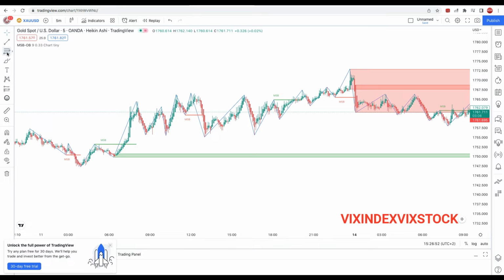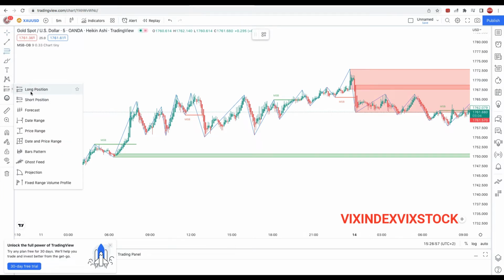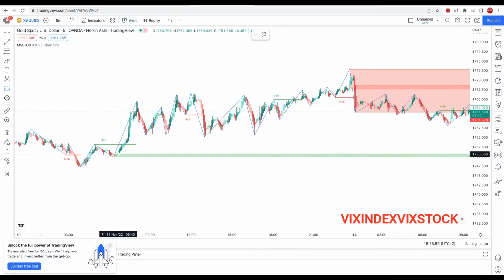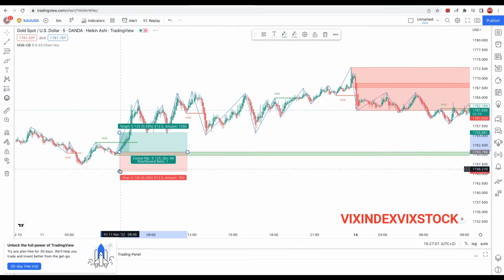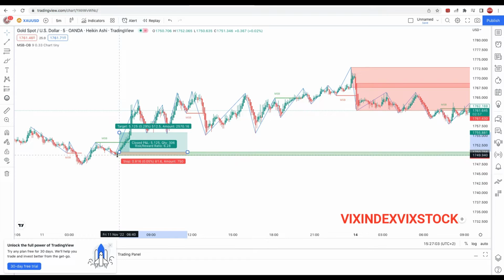And what you can simply do is try to make sure that it's perhaps a 1:2 or 1:3 trade. So we'll put our stop loss just behind the order block that was created there. Then you can easily catch a 1:2, 1:3 here.